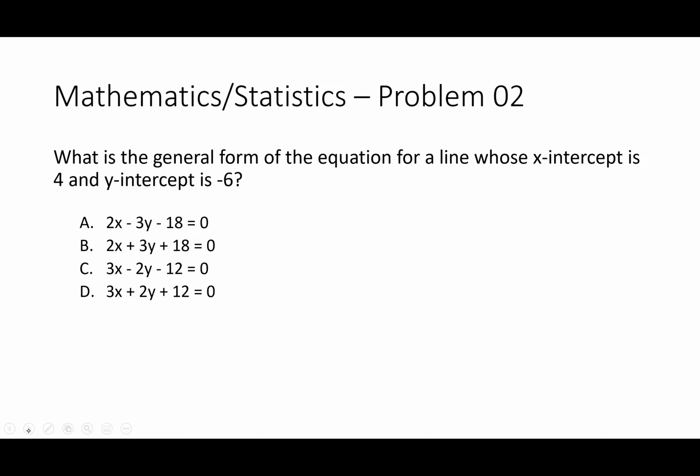Next question. And what I'll do is I'll try and wait a little bit. So as you're watching the video, if you want to pause, give the problems a college try before I go through the solution. What's the general form of the equation for a line whose x-intercept is 4 and y-intercept is -6?